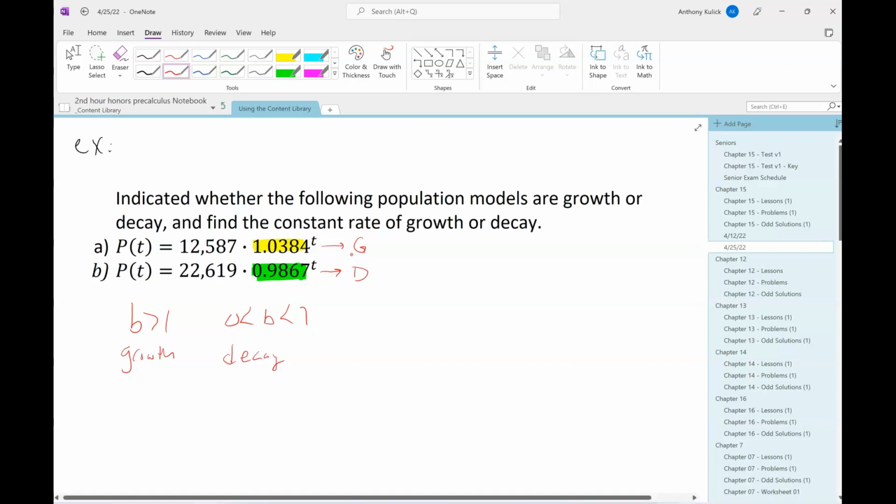All right. The next piece asks us to find the constant rate of growth or decay. They're basically asking for r.